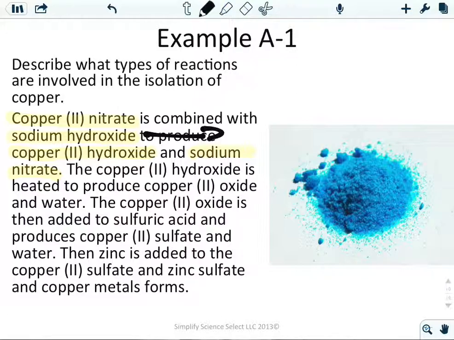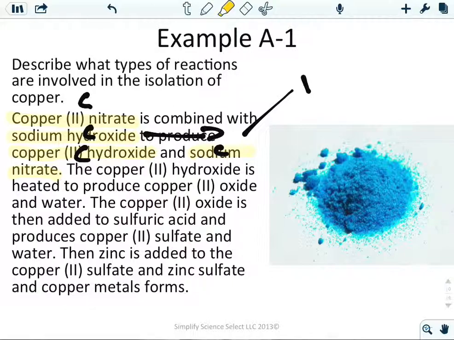Copper 2 nitrate is a compound. Sodium hydroxide is a compound. What happened here is copper and sodium switch partners and produce copper hydroxide, which is a compound, and sodium nitrate, which is a compound. So in that first reaction, we have a double replacement reaction.